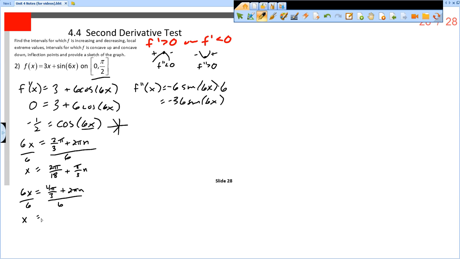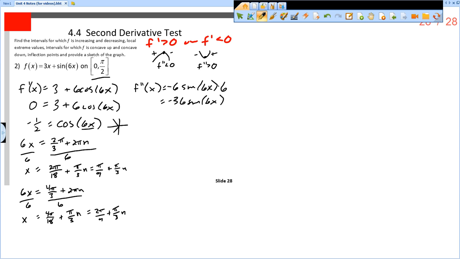And so I get that x would equal 4 pi over 18, all right, plus pi over 3 n. Now, 2 pi over 18, of course, that is pi over 9, right? Plus pi over 3 n. And then this one would be 4 pi over 18, so divisible by 2, 2 pi over 9 plus pi over 3 n.